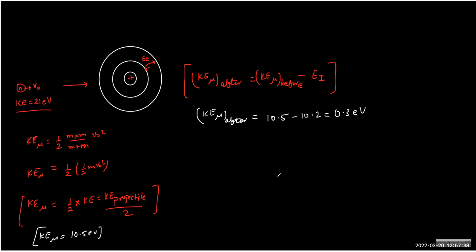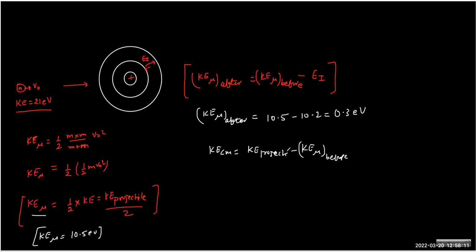Okay, this is the CM frame. And what is the kinetic energy of center of mass? The K of CM is how much? So if kinetic energy of mu is K projectile by 2, then the center of mass will have exactly the same value, right? So K projectile, the total value, minus K mu before, of course.